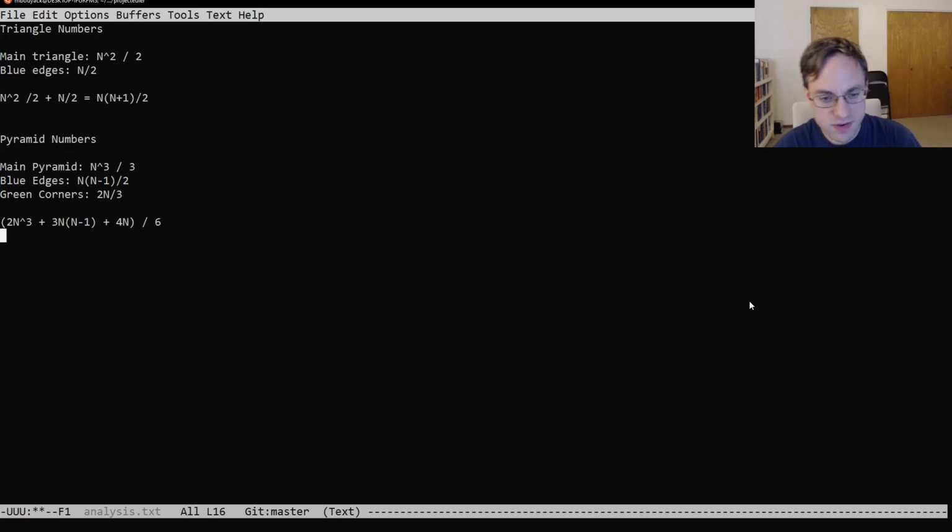And then we can just distribute that out, and so we're going to have 2n cubed plus 3n squared plus n over 6. And so that should be our equation for the pyramid numbers.